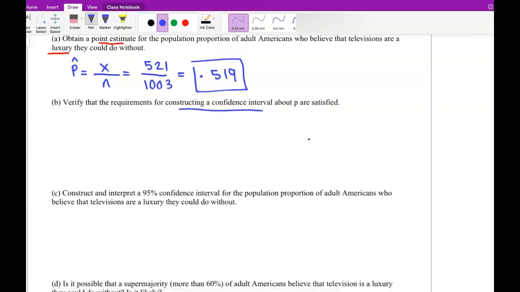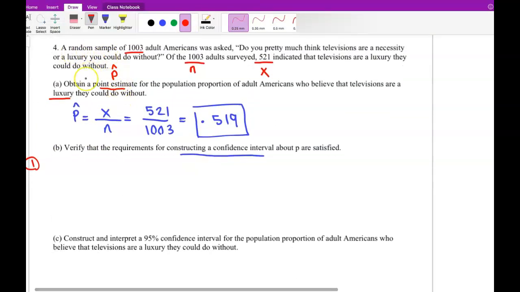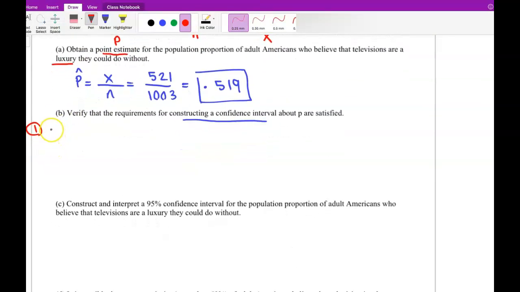Okay, starting with the first one. Here I have a random sample. So the first one, simple random sample, is satisfied.